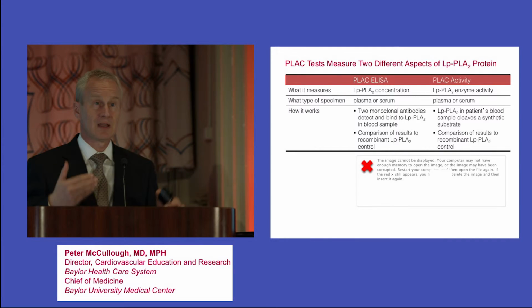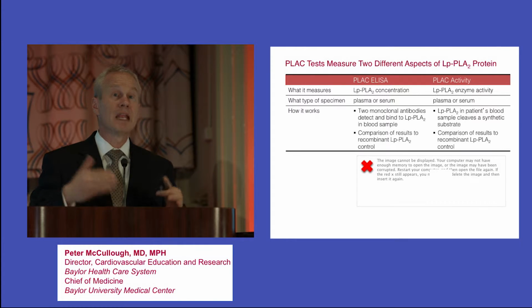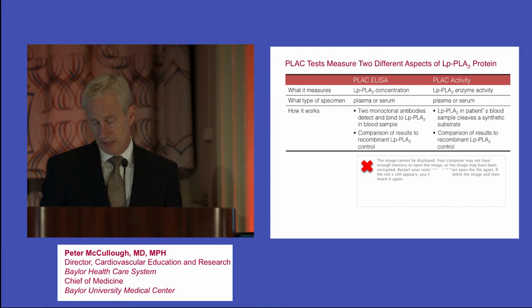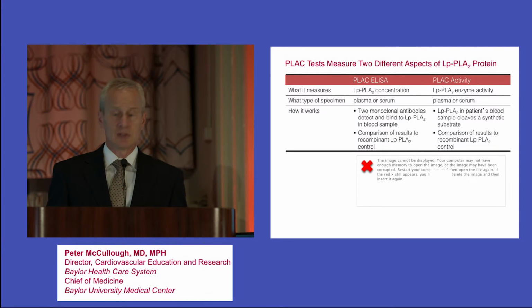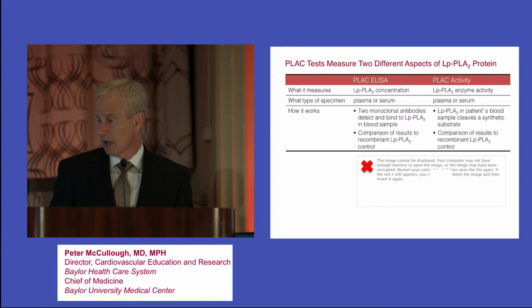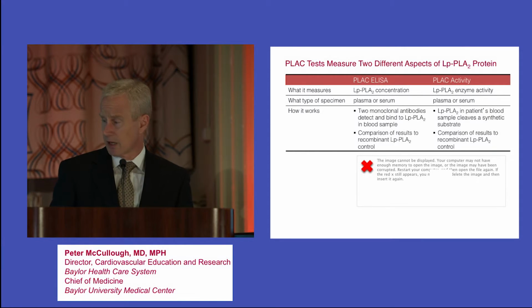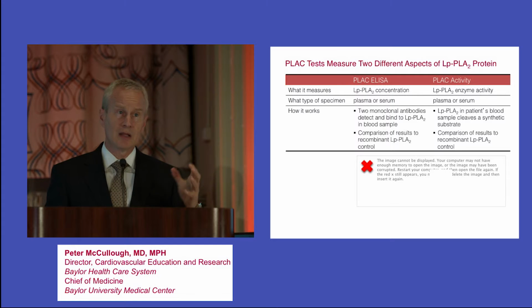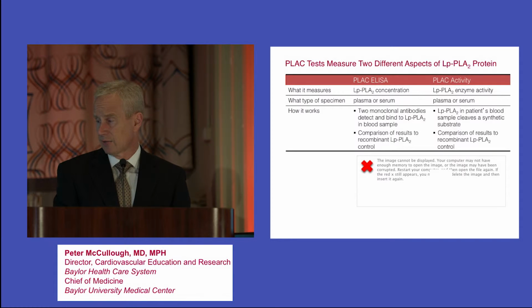So the determinants of the activity of the enzyme are in part the concentration, but in part many other things, including how much is bound, how much is free, how much is actually exposed to substrate, and potentially polymorphisms in the activity of the enzyme. And so the activity assay, while it correlates with the concentration, is certainly not a tight correlation, and in fact gives us a new angle to look at atherosclerosis.